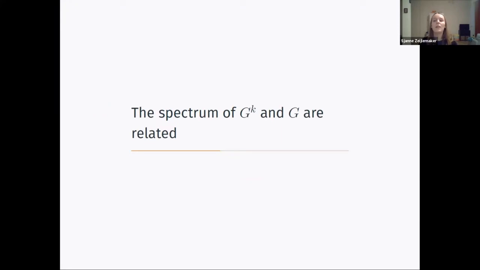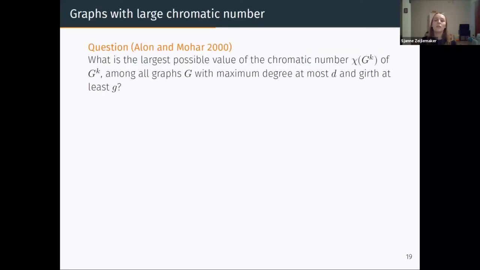And before we do this, I would like to start with a nicer situation. So in certain cases, the spectrum of a graph power is actually related to the spectrum of the graph itself. And part of this is inspired by some question from Alon and Mohar.